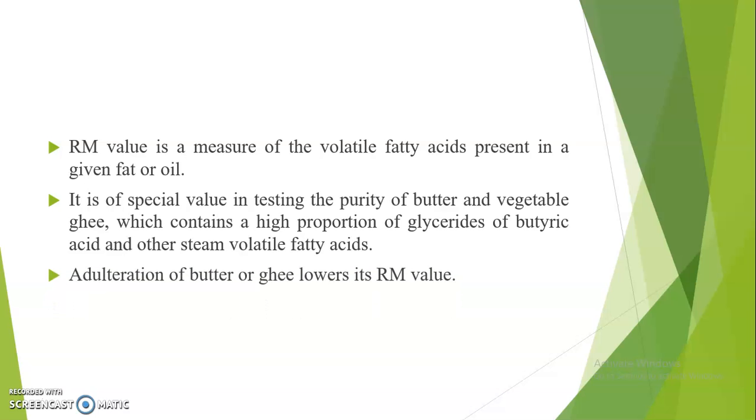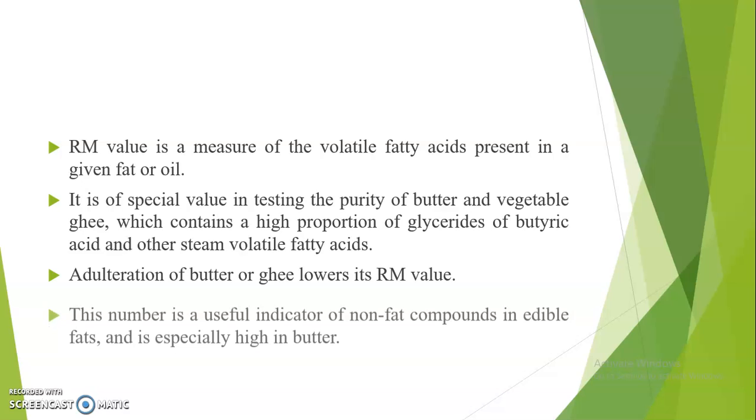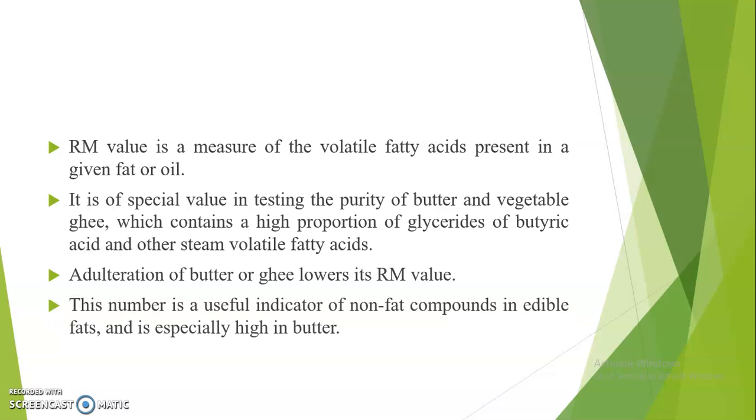Also, it is used to check the adulteration of butter or ghee with lower oils which have a lower RM value. This number is also a useful indicator of non-fat compounds present in edible fats and is especially higher in butter.